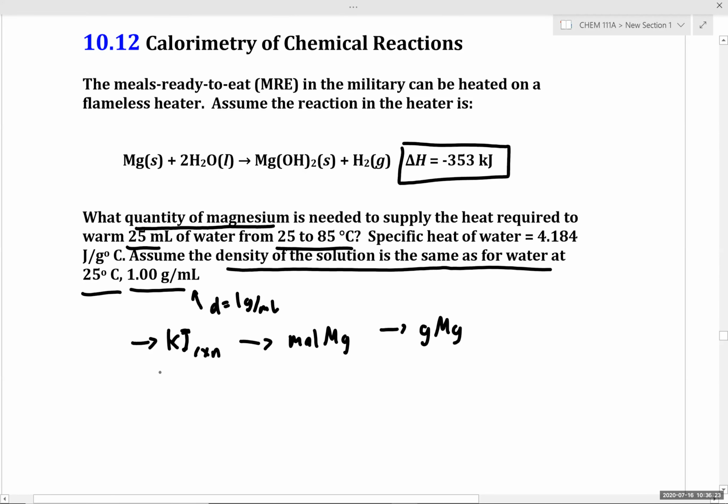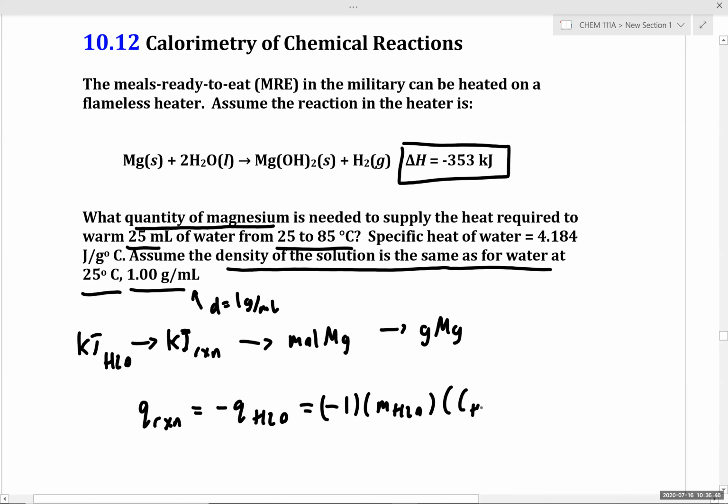In turn, we can figure out the heat associated with our reaction by the heat absorbed by our water. So we know that Q reaction is equal to negative Q water, and we know that Q water is the mass of water times the specific heat of water times T final minus T initial.